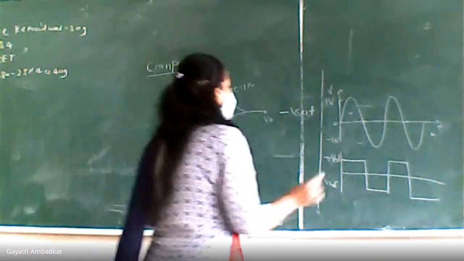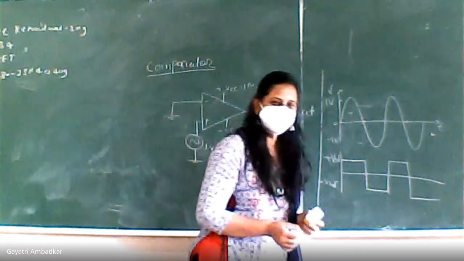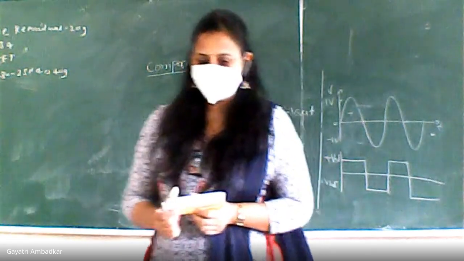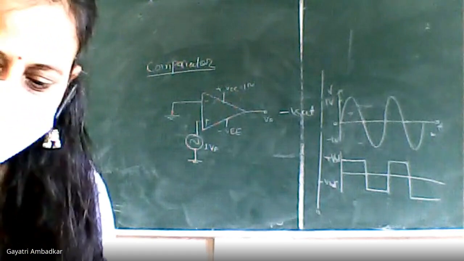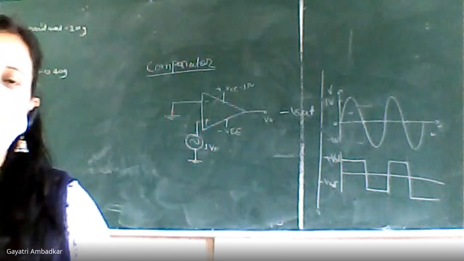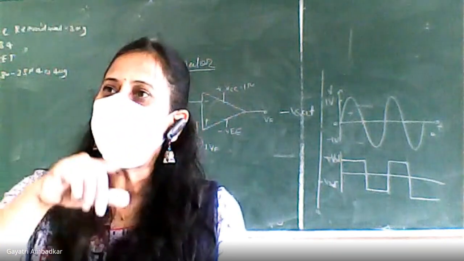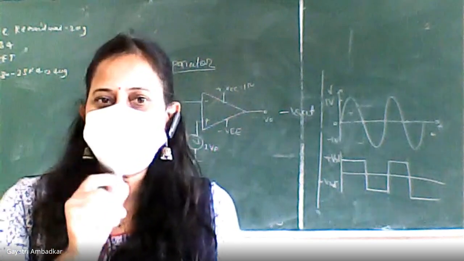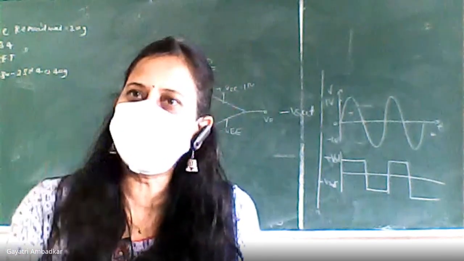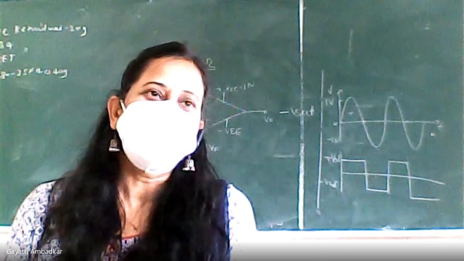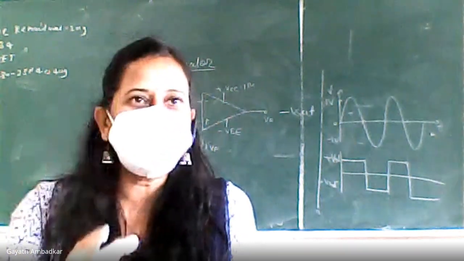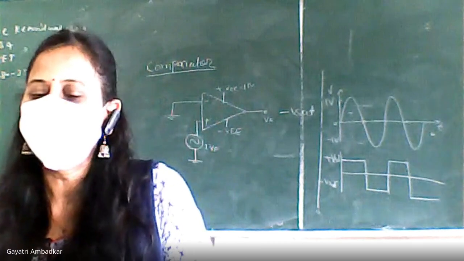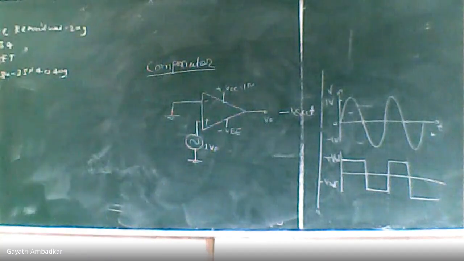What is this zero crossing detector? Let me tell you. Look at the input waveform. How is it? Sinusoidal, right? Now you see all the instances where this waveform is crossing zero. Wherever the input waveform crosses zero, the output is switching.